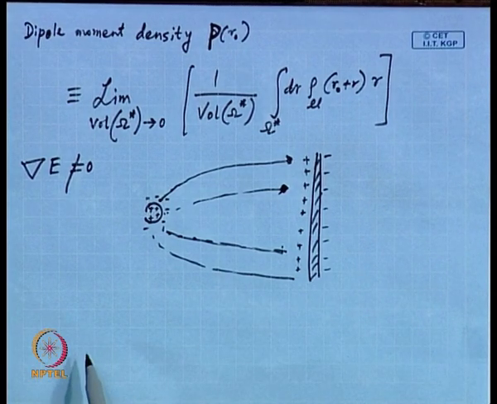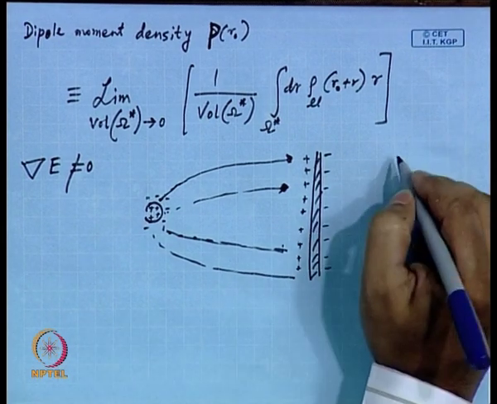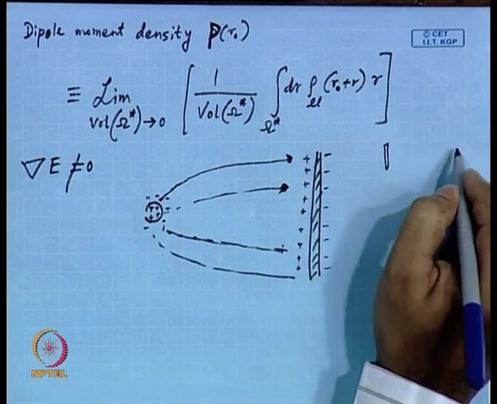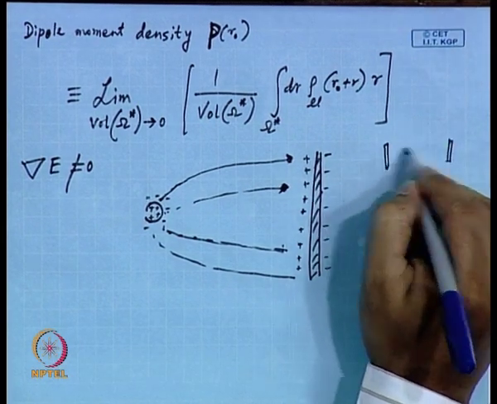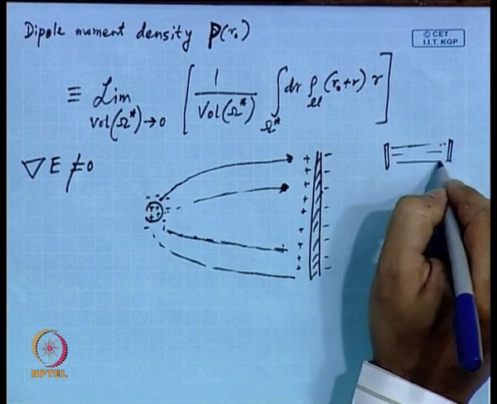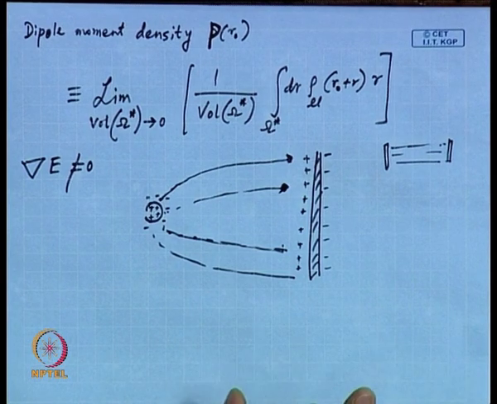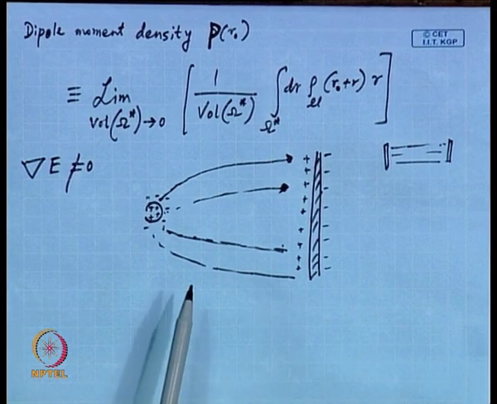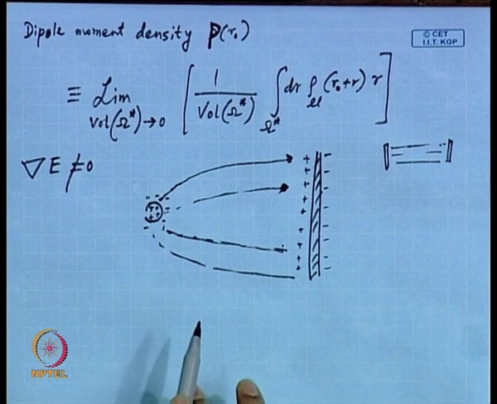All right. So, what would have been a uniform field is that you have one electrode here, another electrode here, both of the same size, and you have this electric field. This is known as a uniform electric field. Here you have a non-uniform electric field.